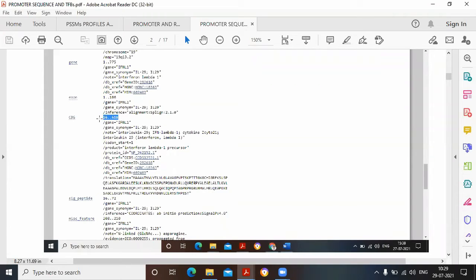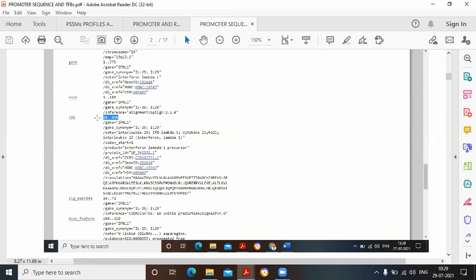After 0, positions 1 to 15 are there, and from 16 onward the protein synthesis starts, up to 618.